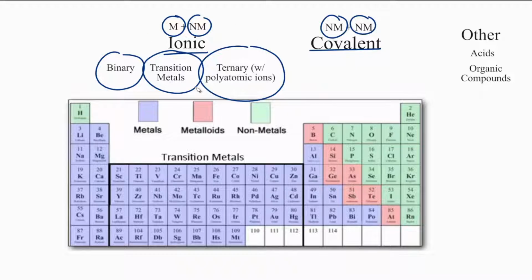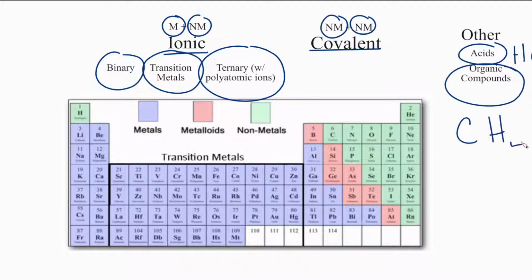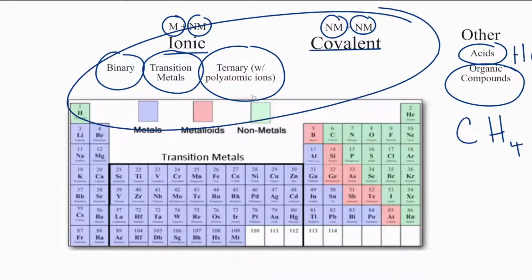So we've got to learn all of this and then how to do the covalents, which are real easy actually. There are other types of compounds you have to name in chemistry, like acids, and we'll look at a few of those. Typically they begin with H, like HCl is hydrochloric acid. And then organic compounds have carbon and hydrogen, like CH4. But we're going to stay over here today. Make sure you get these because that's mostly what you'll see in general chem.